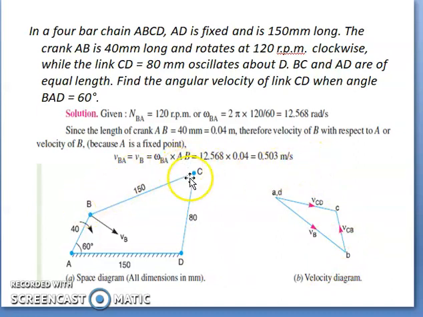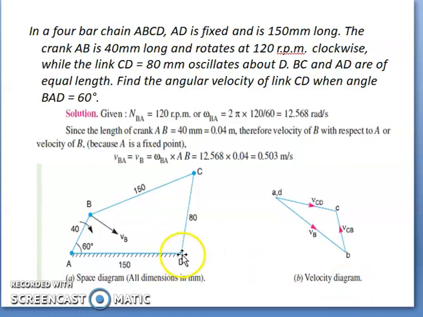The link BC is going to rotate with respect to B. So the velocity of C with respect to B will be perpendicular to BC. You already know the point B. So if you draw a perpendicular to BC passing through B, then that will represent the velocity of CB.